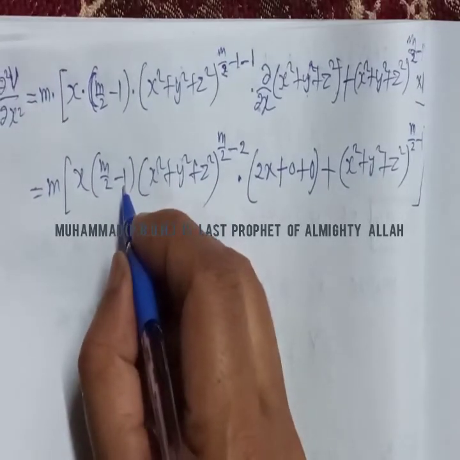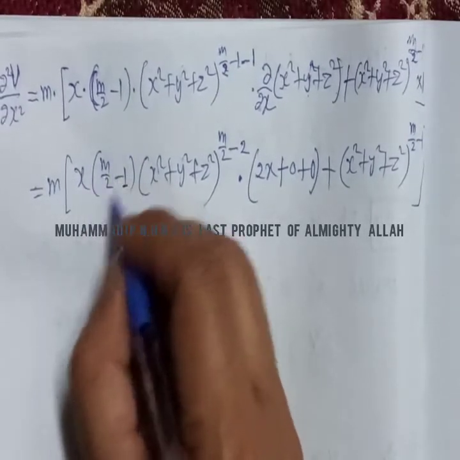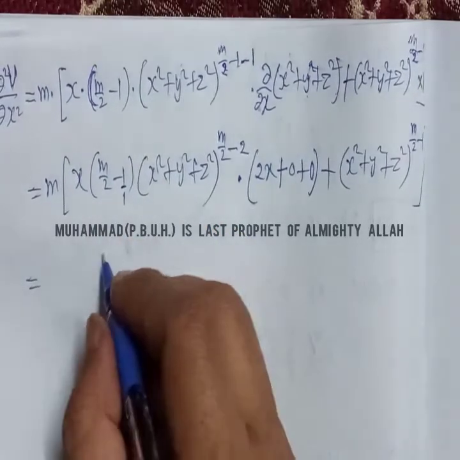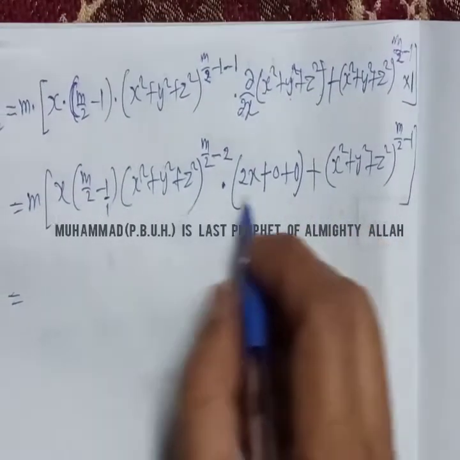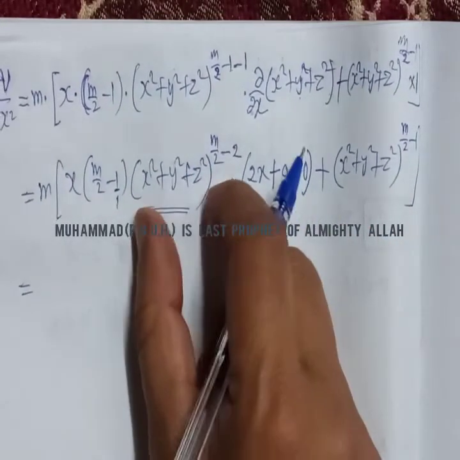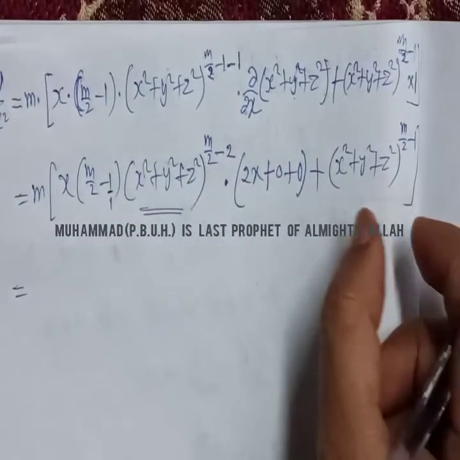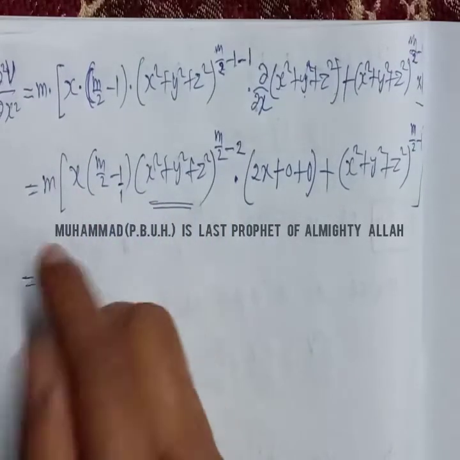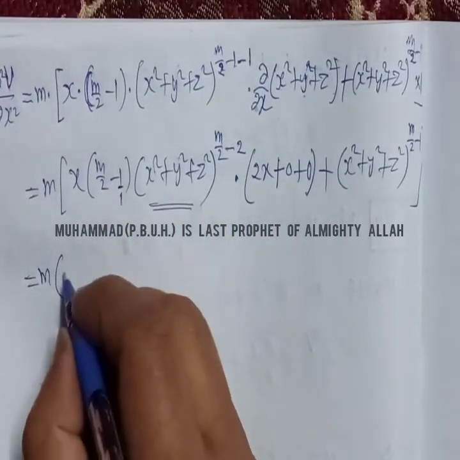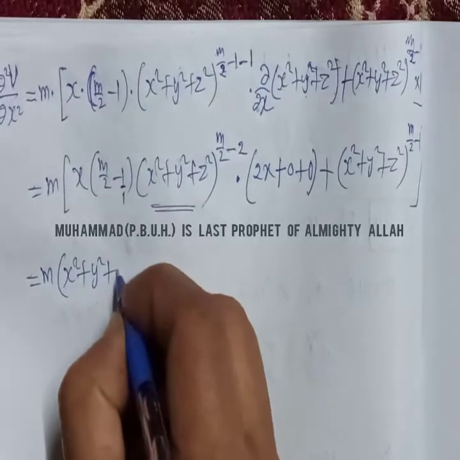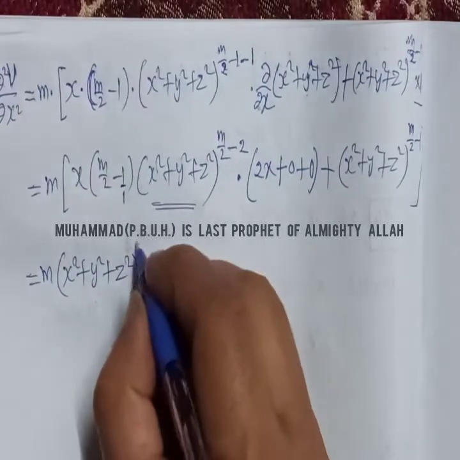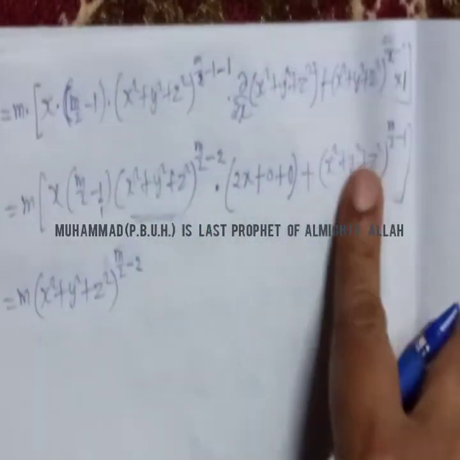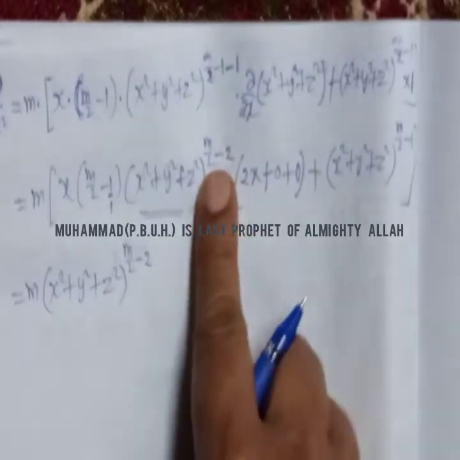We can take 2 as LCM in this bracket. These are two fractions, and also we can take out this factor as common from this bracket, so we can write it as (x²+y²+z²) whole power m/2 minus 2. We can take out only that power which is lower.